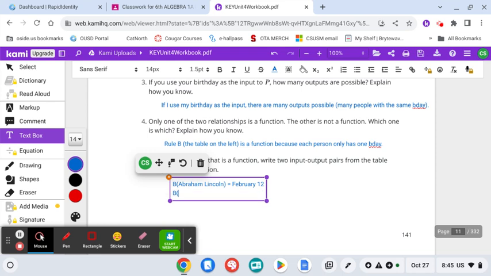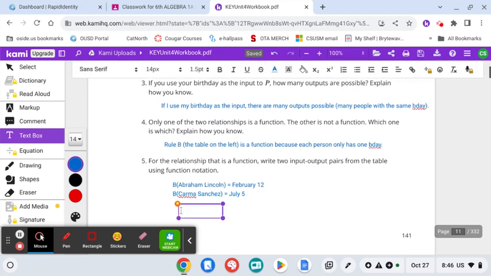Or maybe you did your name. I'll do me. B of Karma Sanchez equals July 5th. There's only one output for my input. That's the first function. And then I'll do another one. I'll do Frida Kahlo. Something like that. That's you putting that function into function notation.